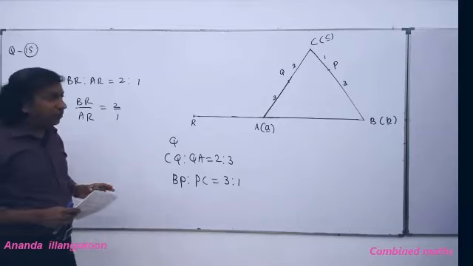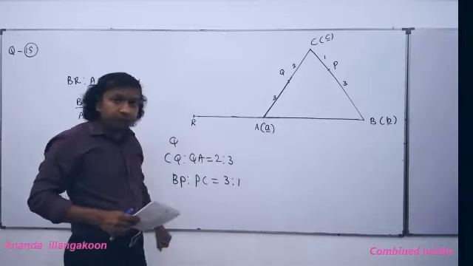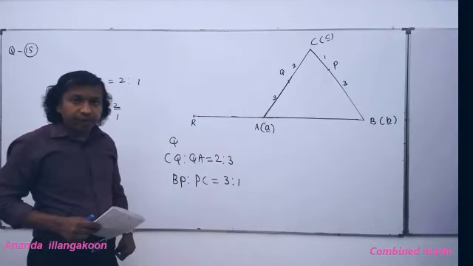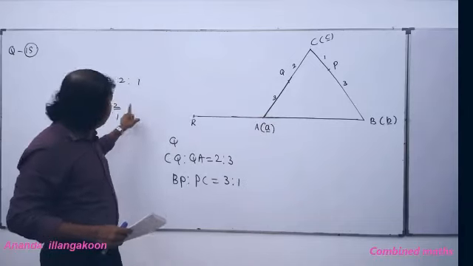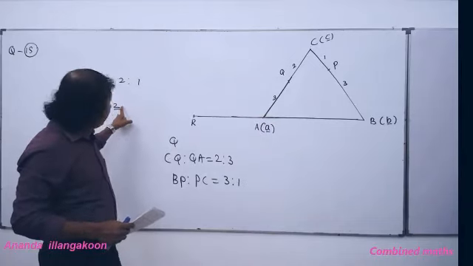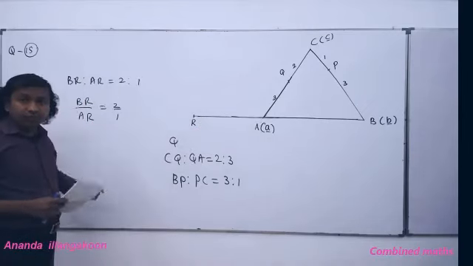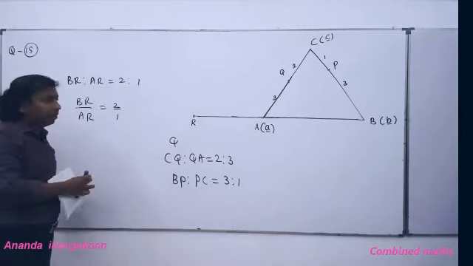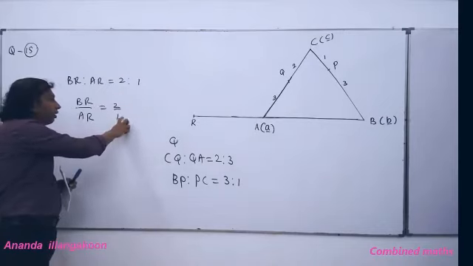That means, people, this A should be the midpoint of BR, no? Is it clear? If the length from B to R is 20 centimeters, then A to R is 10 centimeters. That's the meaning of this. Understand? 2:1 means if BR length is 20 centimeters, AR length is 10 centimeters.